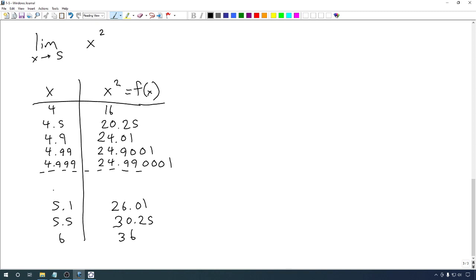A little bit closer still, maybe go with 5.01. The square of that is 25.1001. Finally, let's stop with 5.001. When I square that, I get 25.010001.